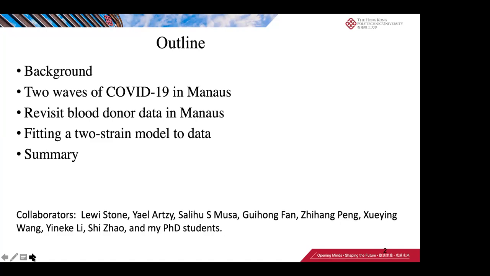I hope I'm not offending anyone, but I strongly criticize two Science papers. Basically, the two papers use blood donor data to infer the attack rate of COVID-19 in Manaus, a large city in the Amazon province in Brazil.